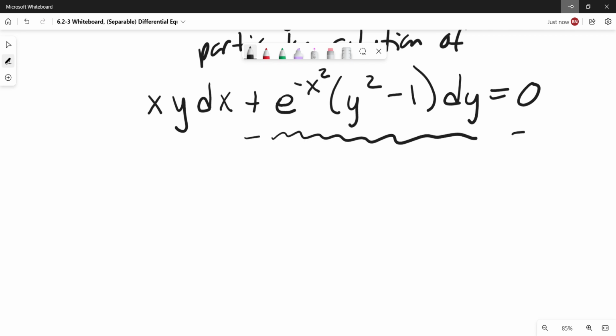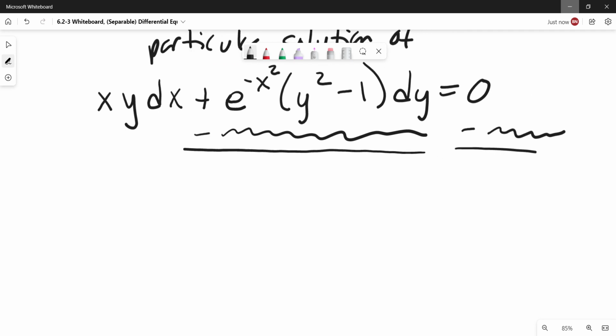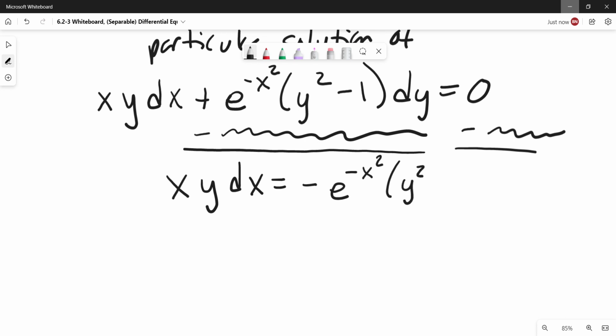I'm not going to write it, that's a long thing. You know what I mean. Subtract that whole thing. So we have xy dx equals negative e to the x squared times y squared minus 1 dy. We can keep the y's on this side.